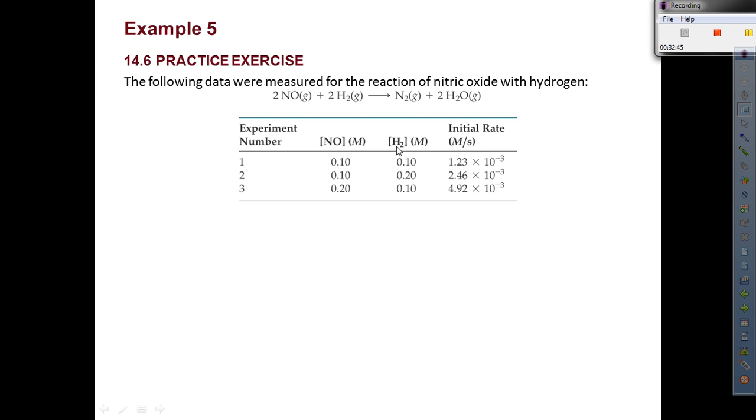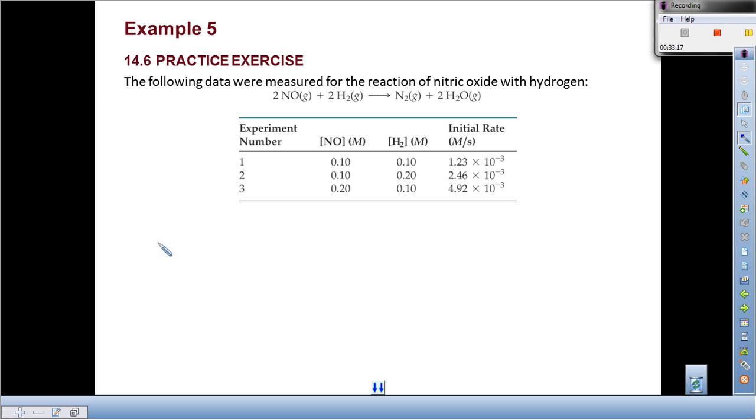Here's the concentration of hydrogen. And here are the rates. So, step 1, we're going to find a trial where nitric oxide stays the same and hydrogen is changed. So we can use trial 1 and 2.